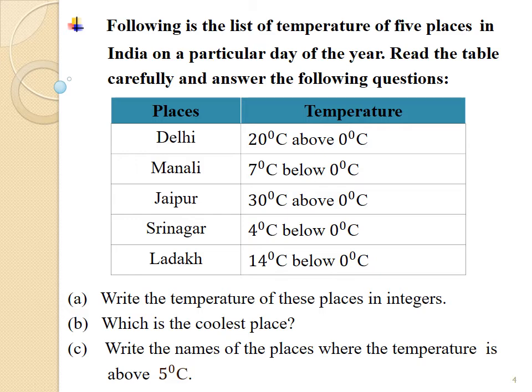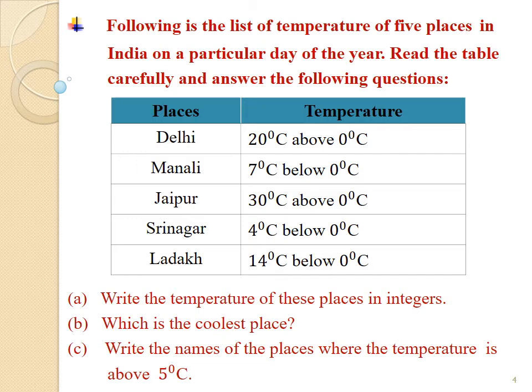Now, question number 5. Following is the list of temperature of 5 places in India on a particular day of the year. Read the table carefully and answer the following questions. Students, in this question, we have to answer the given questions, and we know that the word above indicates positive integer and the word below indicates negative integer.